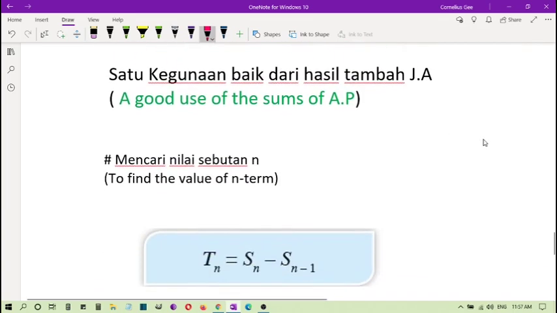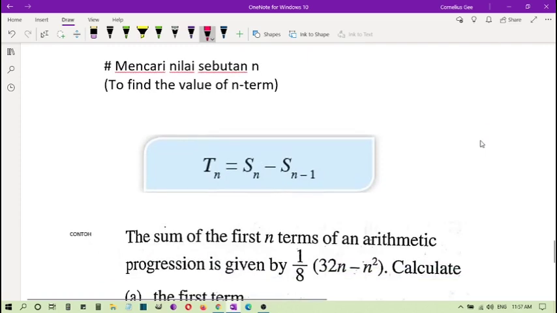Now, what are the other kegunaan bagi hasil tambah AP? A good use of sum of AP. This is the one. So if you can find the sum, you can find the sum before it, then we can find the term. So for example, you want to find T5.